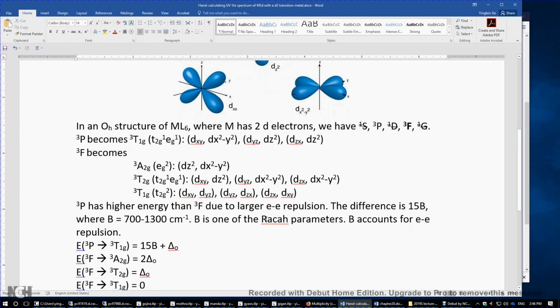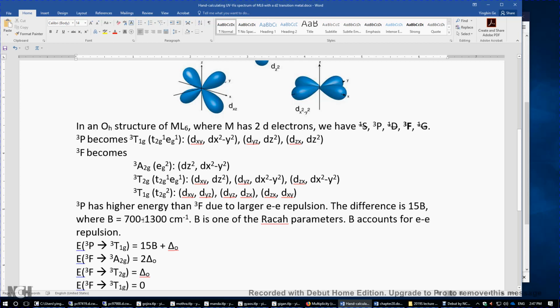And then I think it's Racah proposed some empirical models to quantify the difference. The difference is 15B, and B is typically 1,000 wave numbers plus minus 300. Well, B may change. The value of B actually depends on the nature of the ligands.